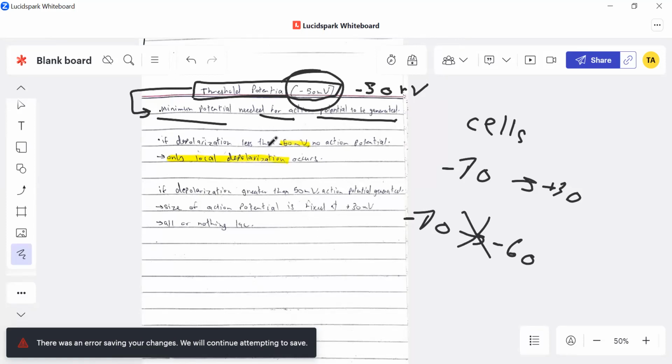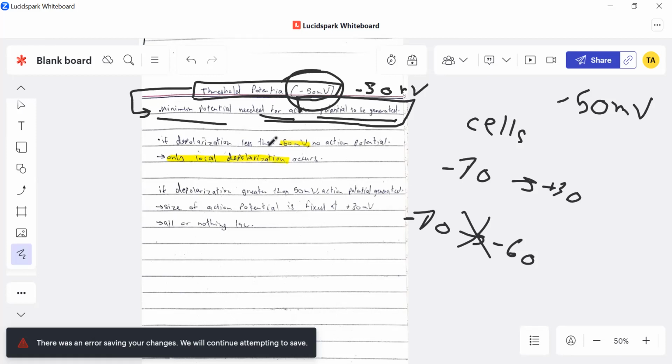So at -50 millivolts, only this threshold potential is the minimum potential needed for the action potential to be passed on. So if the cell reaches negative 50 millivolts, then the cell would know that an action potential is being generated.